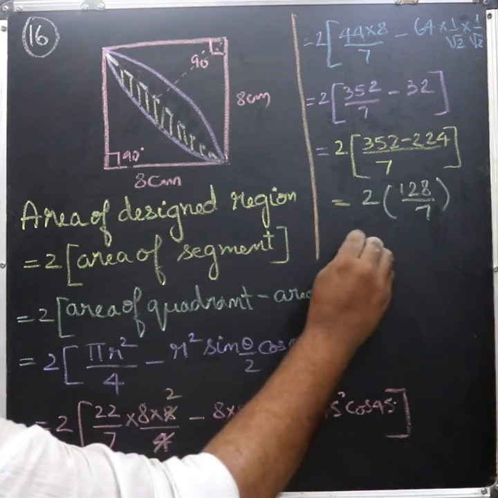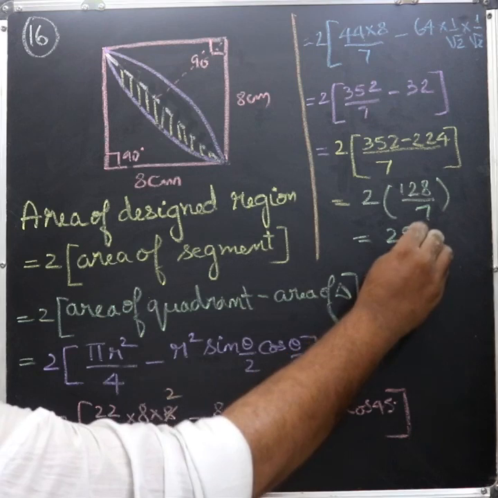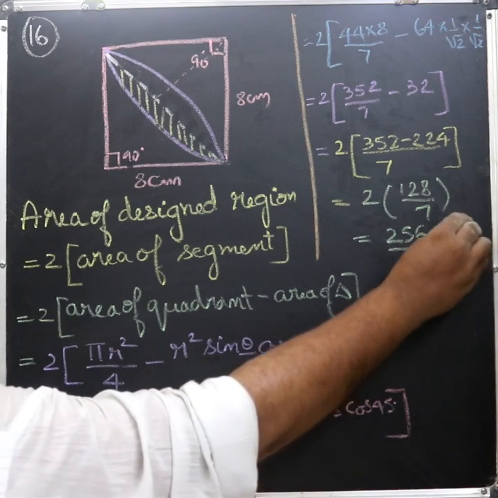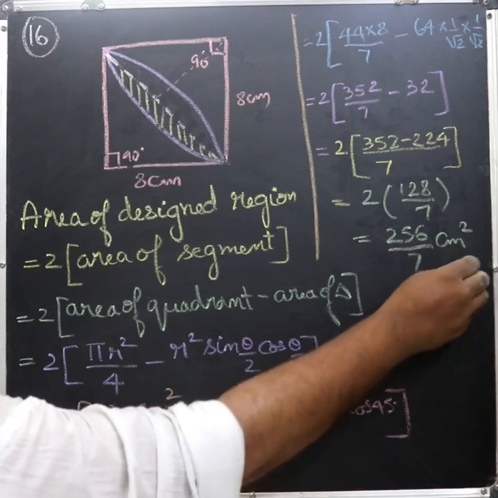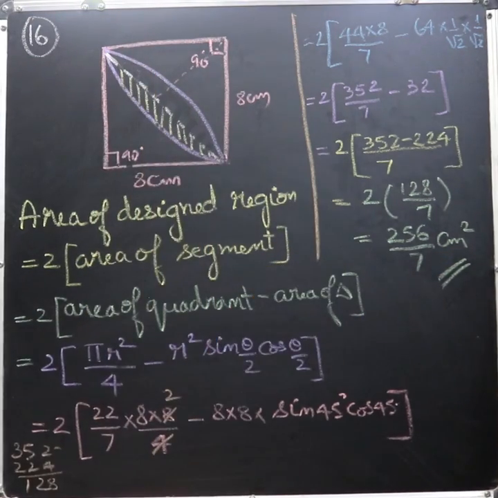When you multiply by 2, you are going to have 256 by 7 centimeter square. This is the area of the designed region. Area of the designed region is equal to 256 by 7 centimeter square.